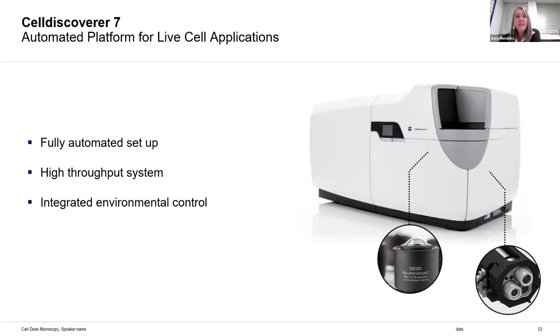That is why a system like the Cell Discoverer, which is an automated platform with integrated environmental control and its unique optomechanical concept, is by far the recommended system for throughput applications, because more samples imaged means high reproducibility of results, more powerful statistics, and greater impact of work.